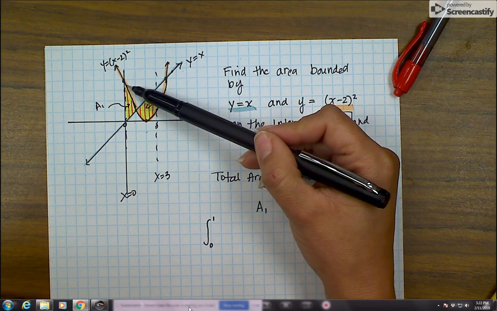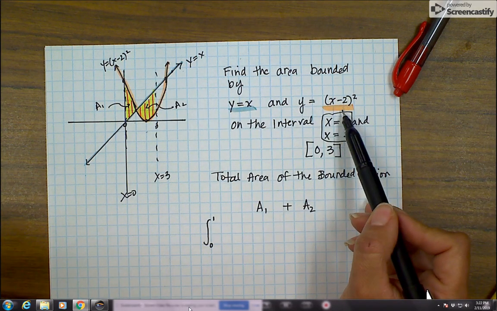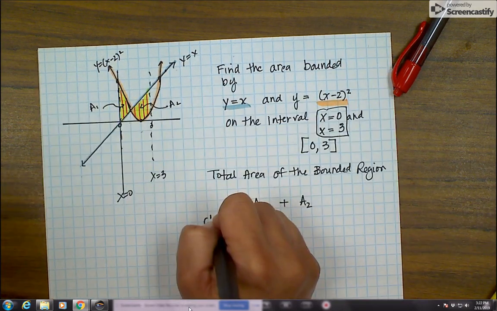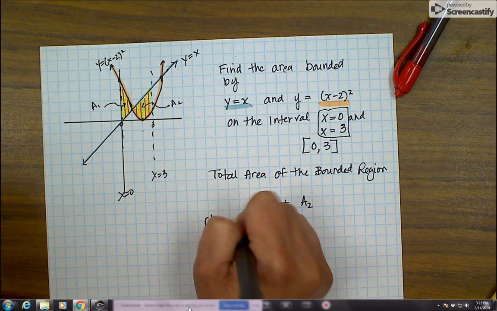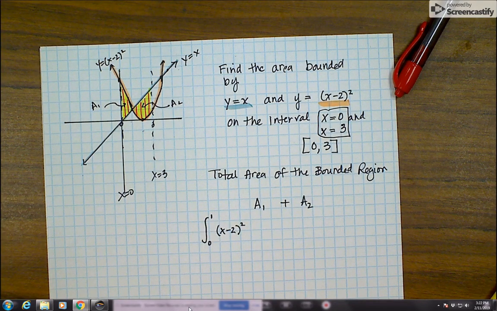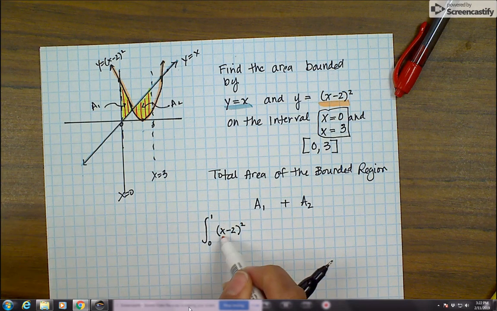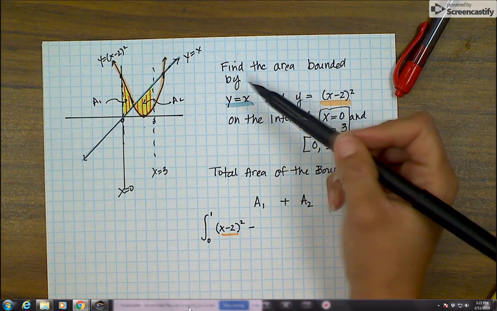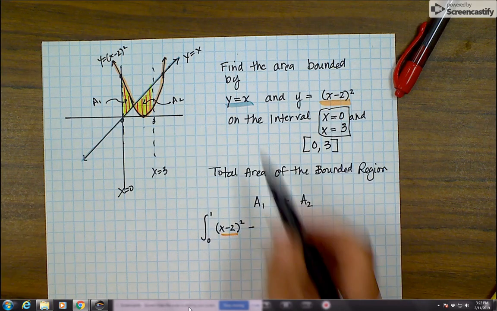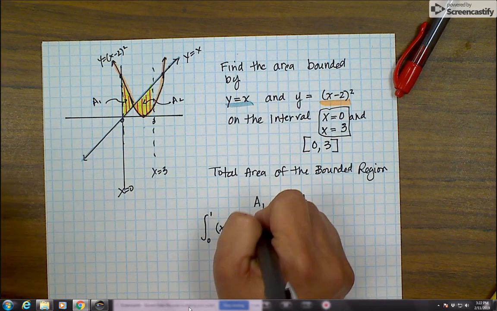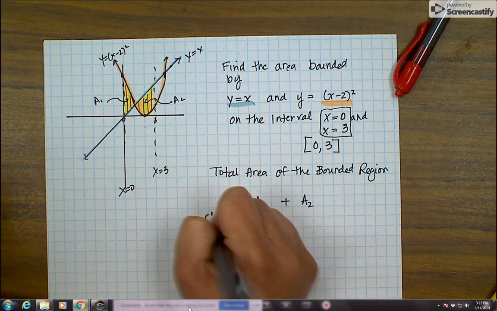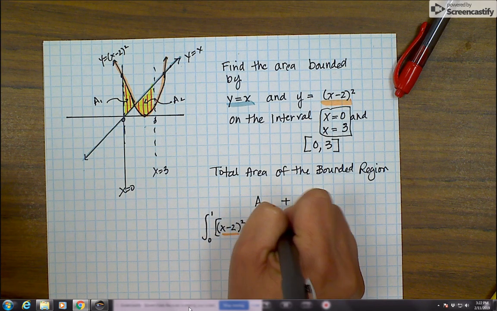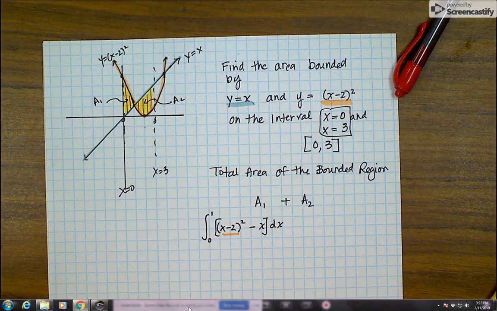Our upper function is the orange one, which I have here as x minus 2 being squared. That is our upper function, minus the lower function, which is y equal to x, so minus x. And then we'll do brackets, dx. That is area 1.